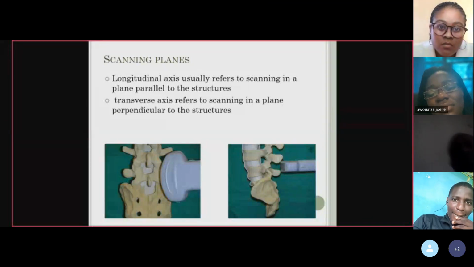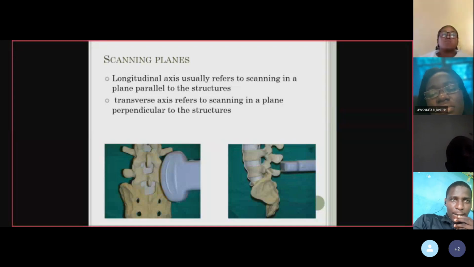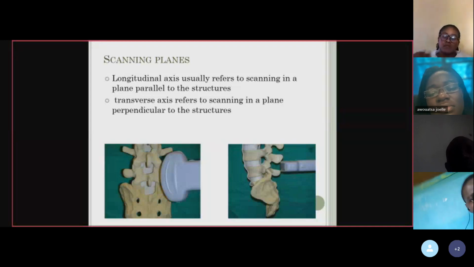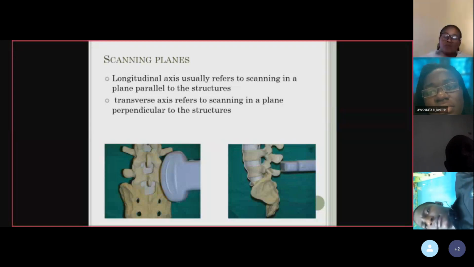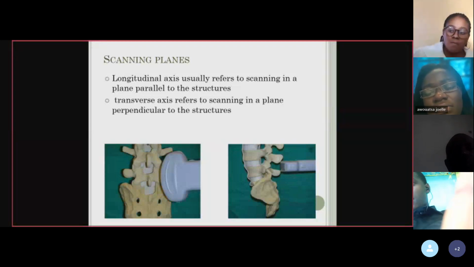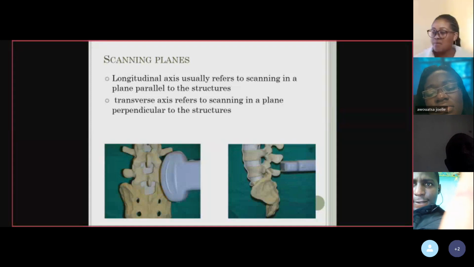Okay, so as I've already told, there are two planes for scanning. There is the longitudinal plane and the transverse plane. The longitudinal plane usually refers to scanning the plane parallel to that structure. So if we are keeping the probe parallel to that structure, it will be a longitudinal plane.